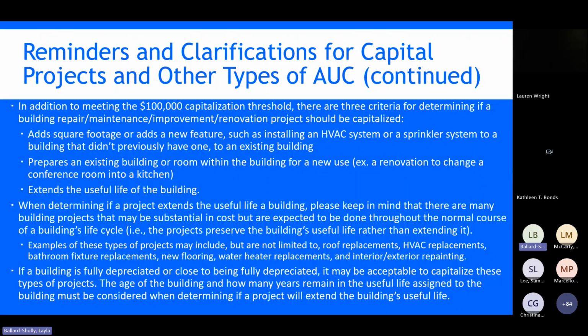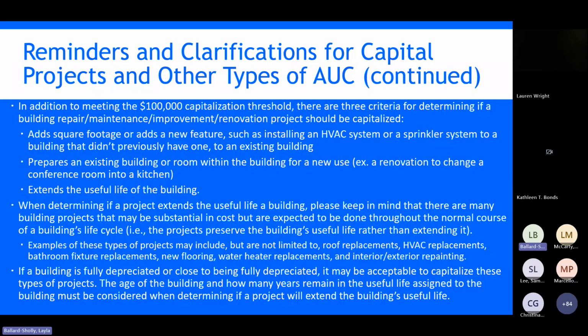So kind of adding on to that third one, which I think is the most subjective and complicated, and I'm hoping at some point we can further flesh out this policy and make it a little clearer. But we have a lot of buildings that are very old, they're fully depreciated, or they've already been depreciated 20 years.